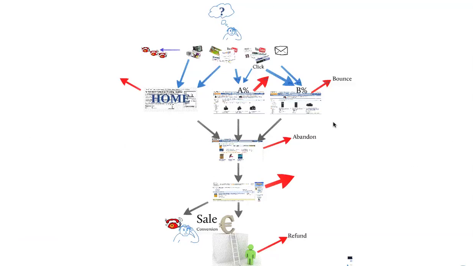So if your product or service is not something as trivial as a $5 hamburger, the chances are they're going to do some research before they make the transaction. And they may even do that inside your shop on their mobile phone.